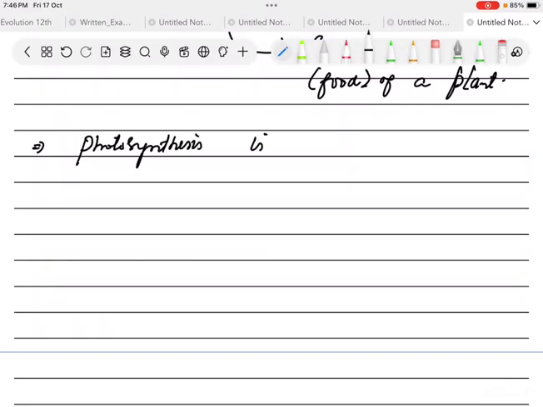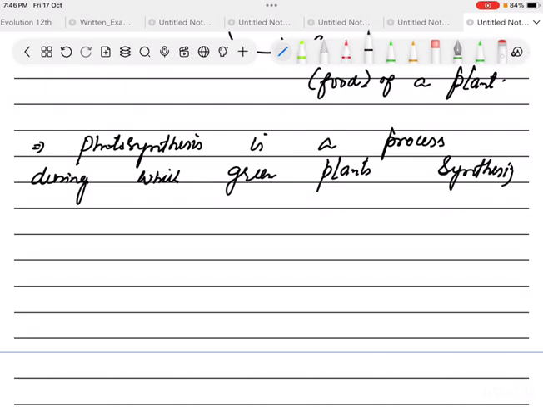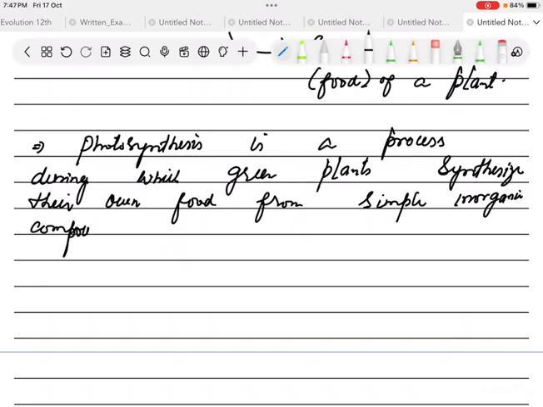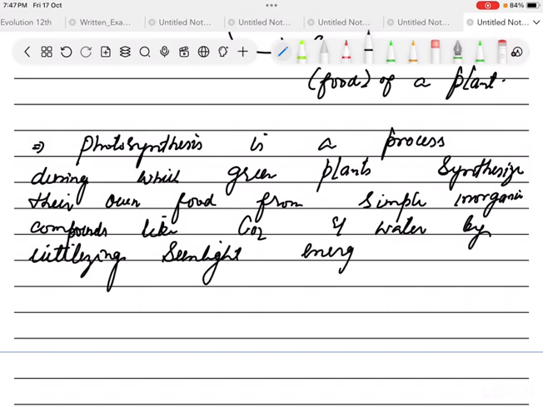Photosynthesis is a process during which green plants synthesize their own food from simple inorganic compounds like carbon dioxide and water by utilizing sunlight energy in the presence of chlorophyll.